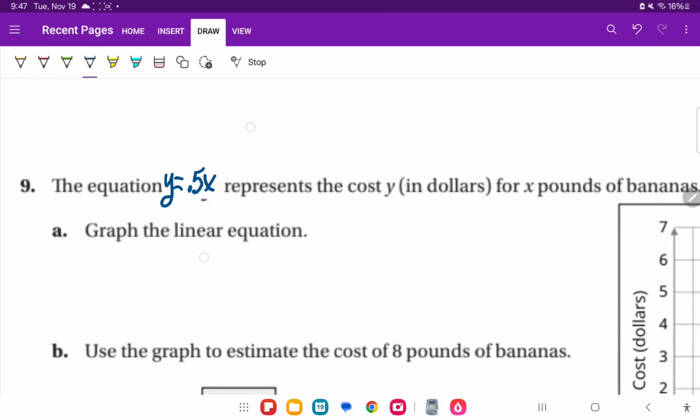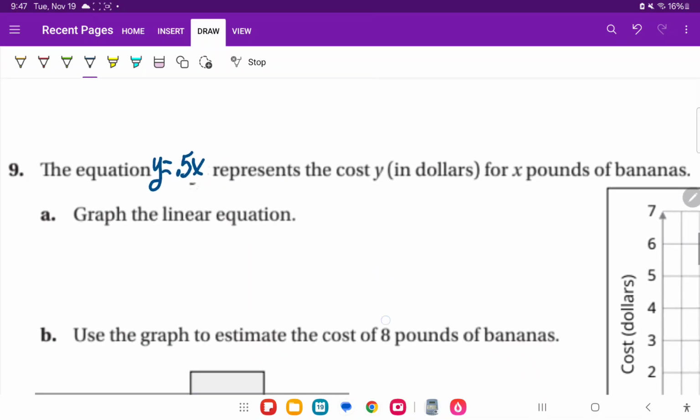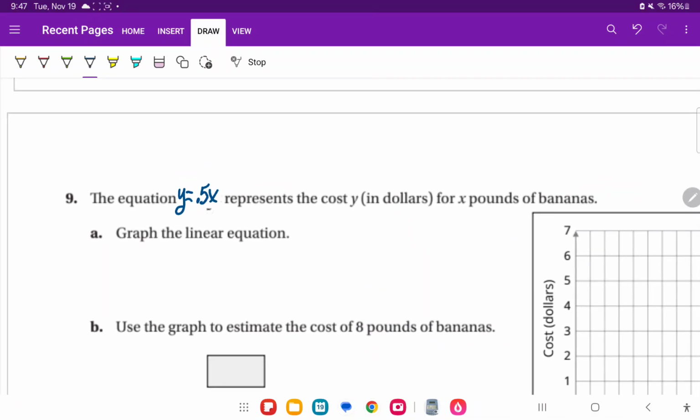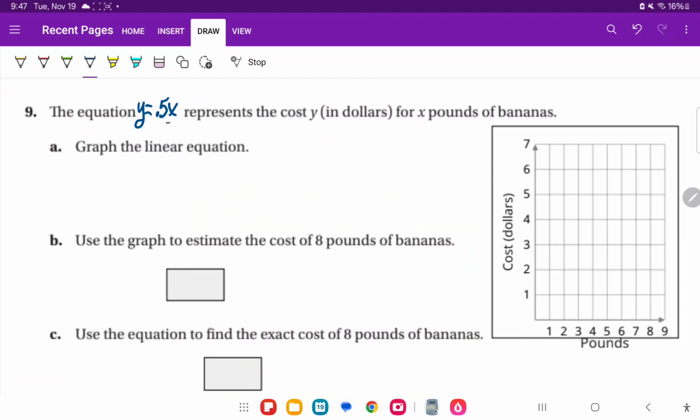Okay, so the equation y equals 0.5x represents the cost, y in dollars, for x pounds of bananas. Graph the linear equation, then use the estimate to talk about the cost of 8 pounds of bananas.